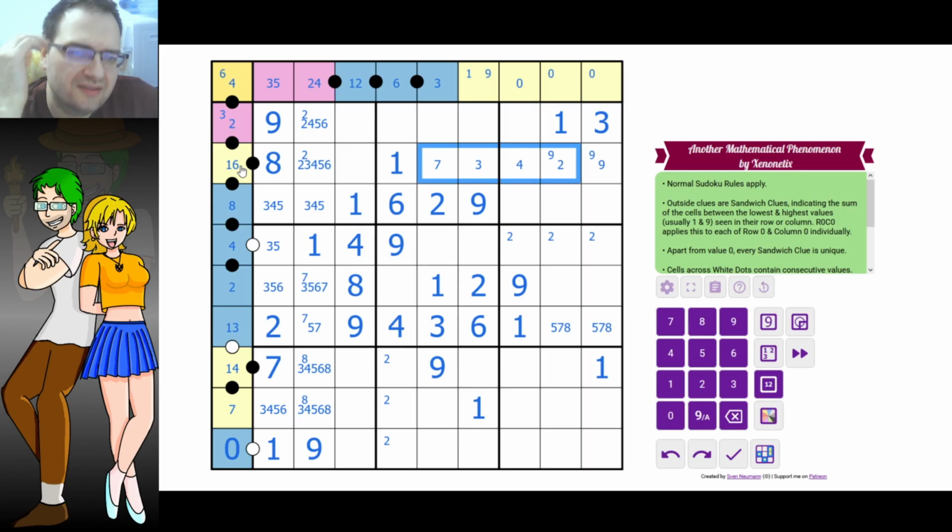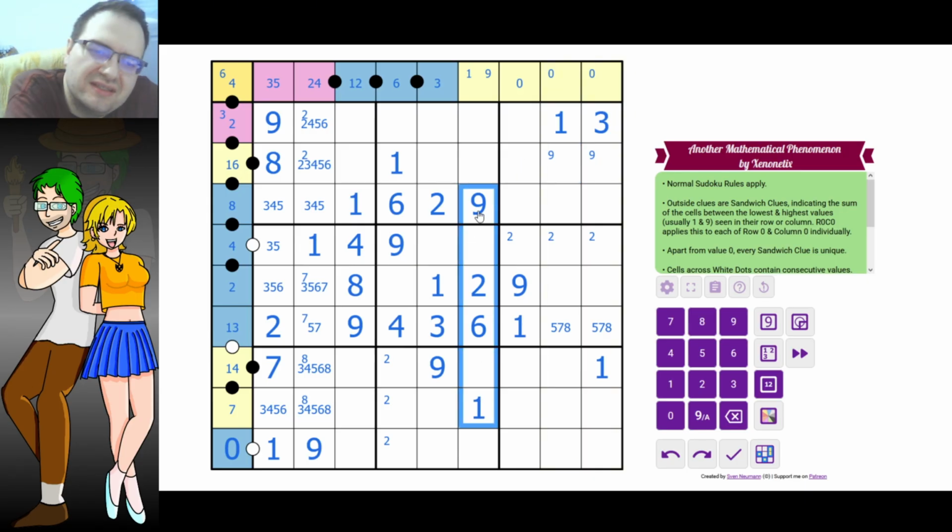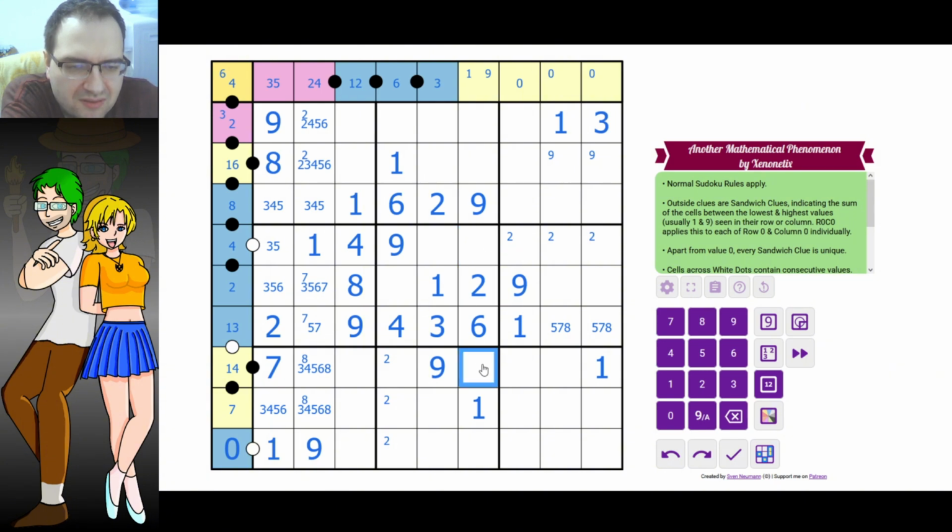That would work. This is interesting. The minimum is if we have a 3 and a 4. 15 is the minimum. It's the maximum. Huh. 8, 2, 6. Wow.